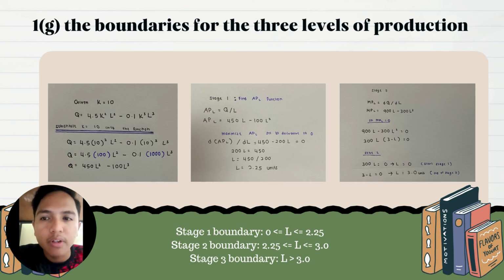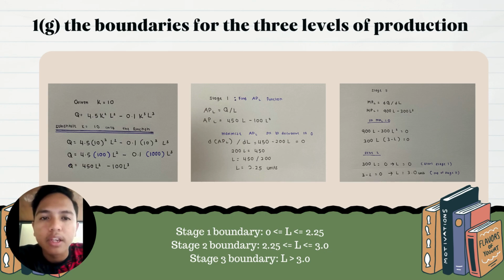Okay, now moving on to this slide where we have the step-by-step mathematical working to show how our boundaries were derived. First, looking at the left panel, we are given that input K is fixed at 10 units.